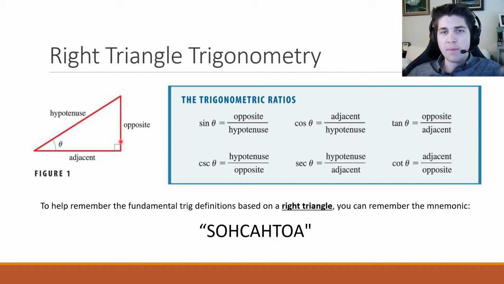So with all that being said, the trigonometric ratios are an alternate definition of the trigonometric functions as a function of the angle. And each trigonometric function gives us a unique ratio between two of the three sides of the right triangle, where sine of theta is defined to be the opposite side over the hypotenuse. So basically, let's say the adjacent side was 5, the opposite side was 2, the hypotenuse was 8.